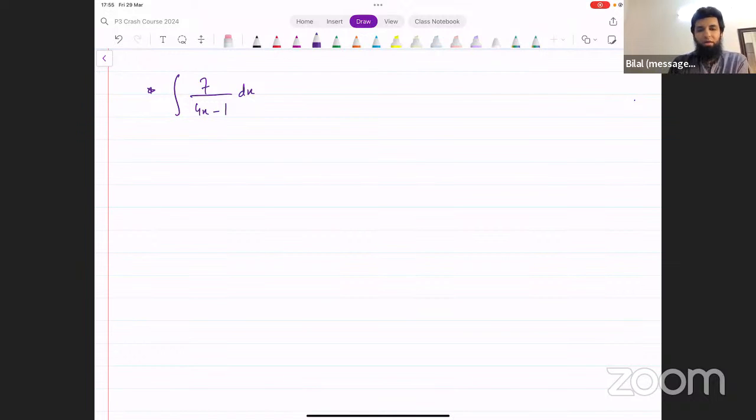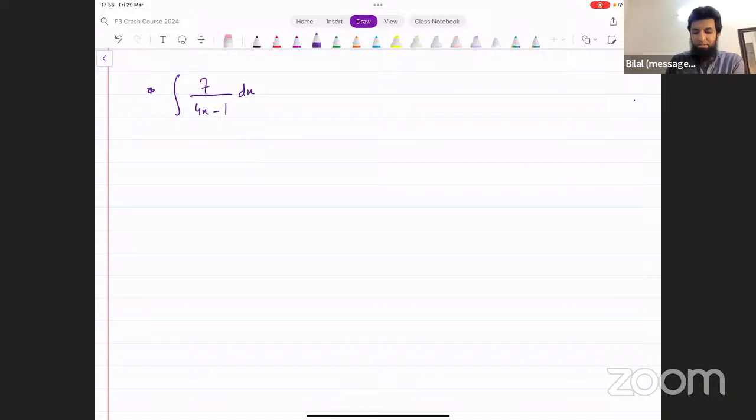What do we want in the numerator? The derivative of the denominator is 4. If we can have 4 in the numerator somehow, we could apply that rule. But we have 7 right now. Can we take anything common from 7 to make it 4? Well, we'll have to take something common in decimals. That's going to make things complicated.